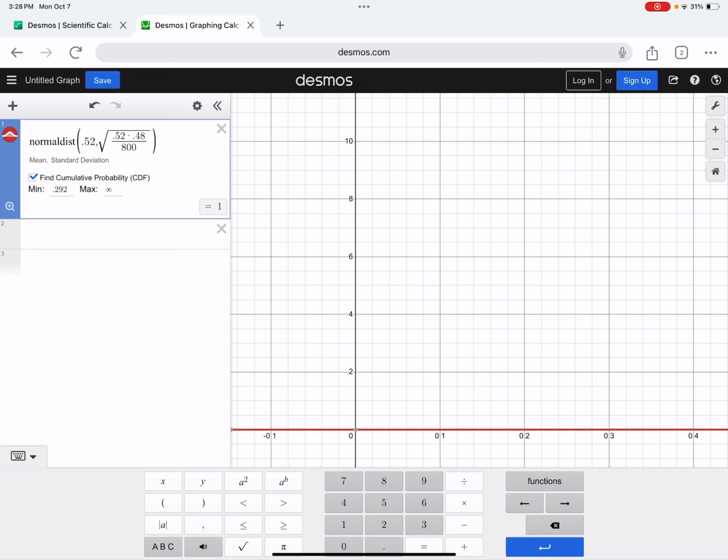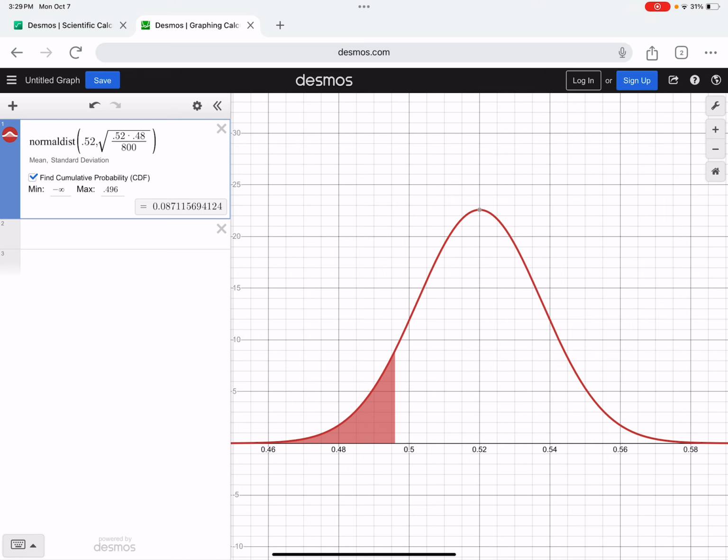Sample size was 800, negative infinity, 0.496. Okay. So it looks like there's about an 8.7% chance of this happening. P-value 0.0871.